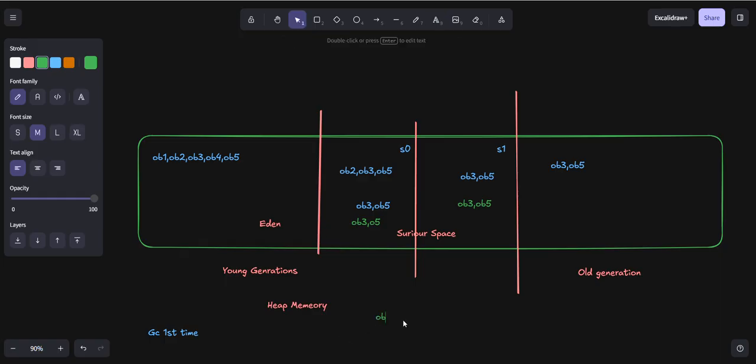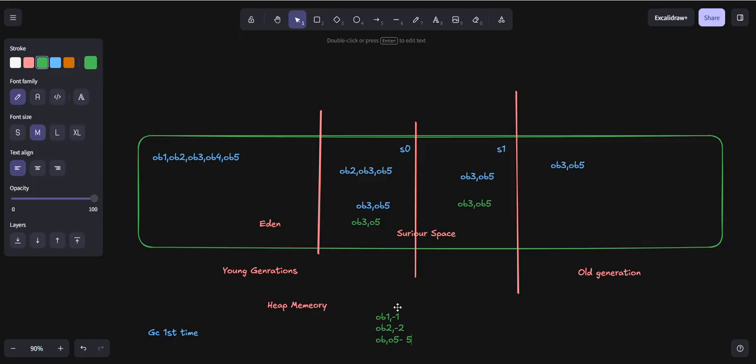Suppose object 1 got removed in the first run, so it is given 1. Object 2 was still there for 2 runs, so it is given 2. Object 3 and object 5 are still there till the 5th run of the garbage collector.